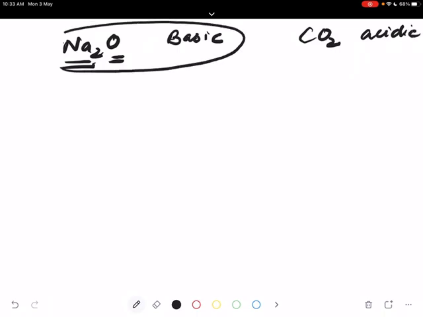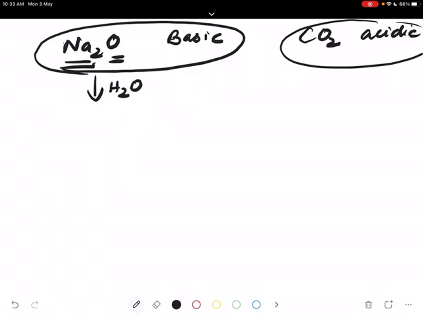Means on reaction with water, basic oxides produce bases. See Na2O, this is basic oxide. Na2O on reaction with water, you get base, NaOH.